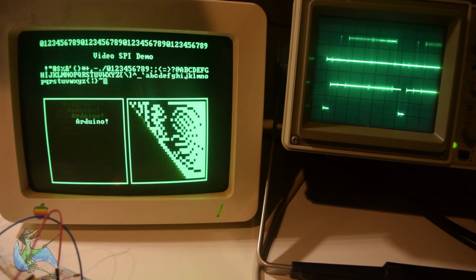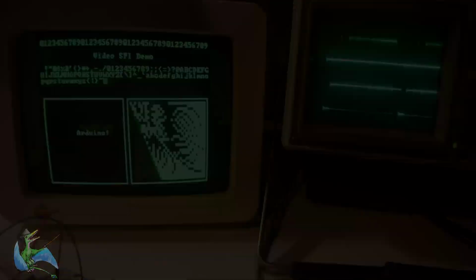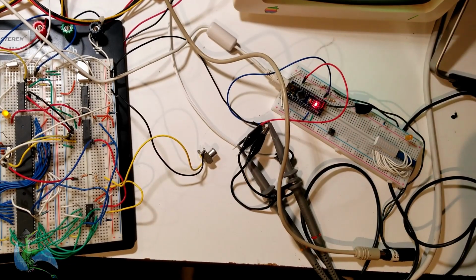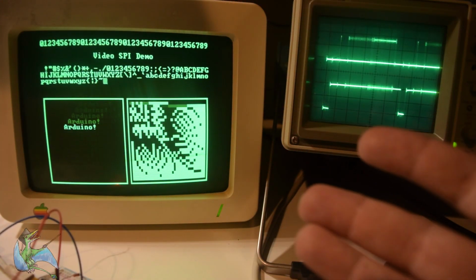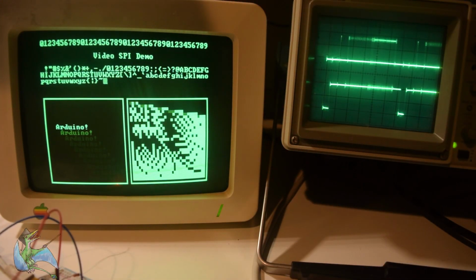There's a lot of video generation code written out there for Arduino. This was just a particularly clean and easy to understand example, so that's why I went with it.